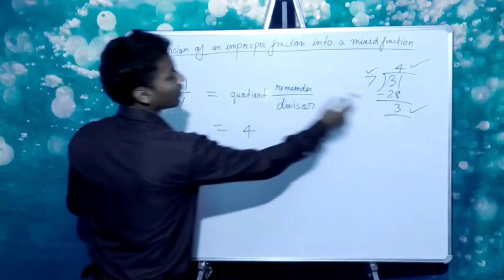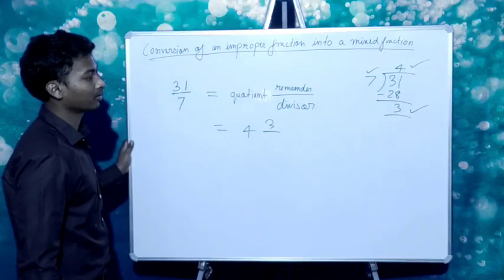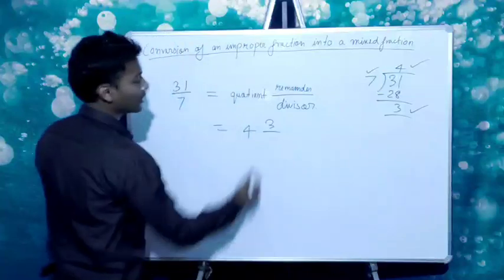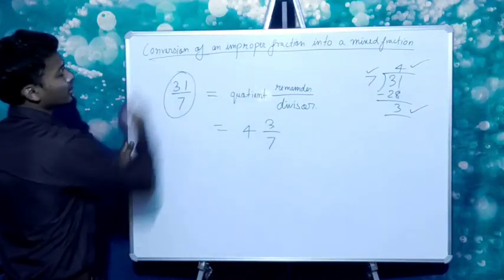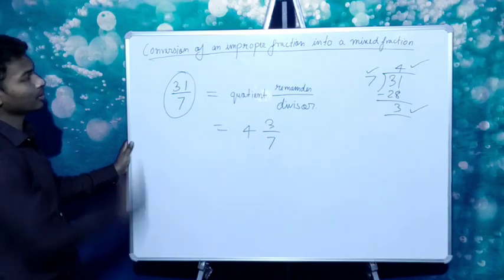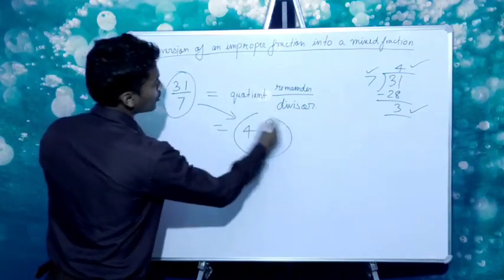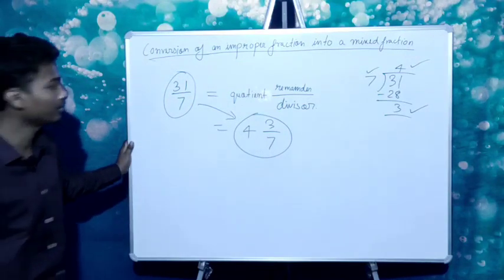What is the remainder? 3. So 3 will come in the numerator part of the fraction, and 7 is the divisor, it will come down. So 31 by 7, which is an improper fraction, can be converted to a mixed fraction, which will be 4 whole 3 by 7.